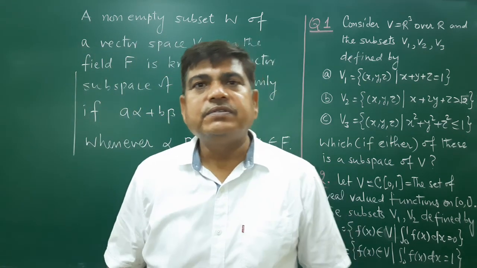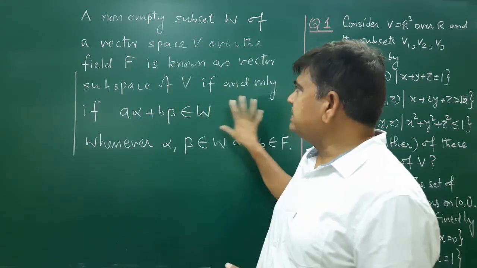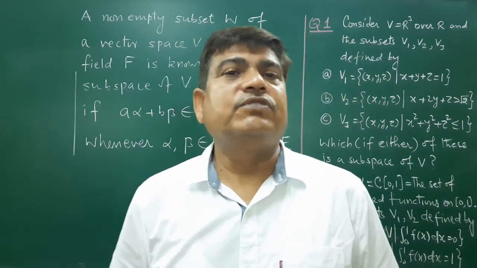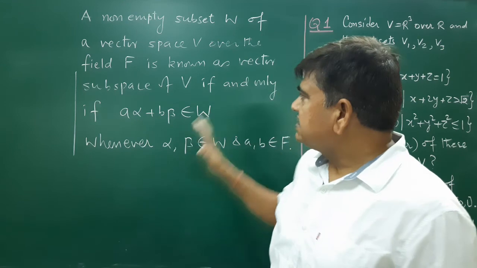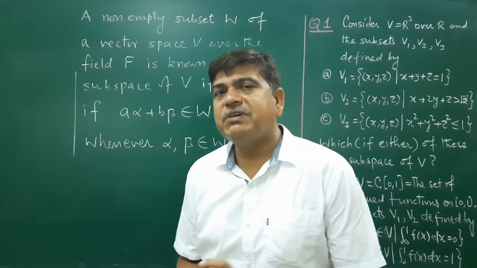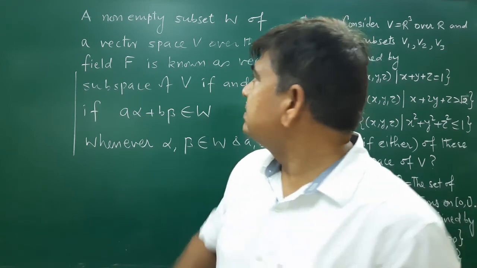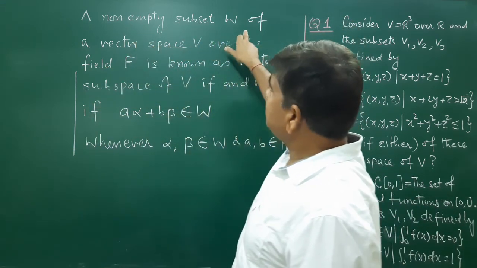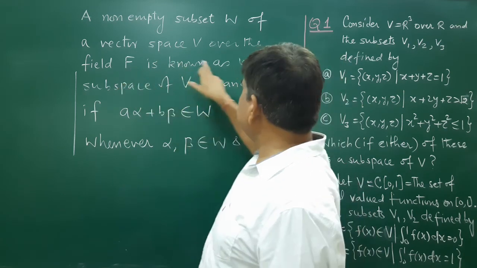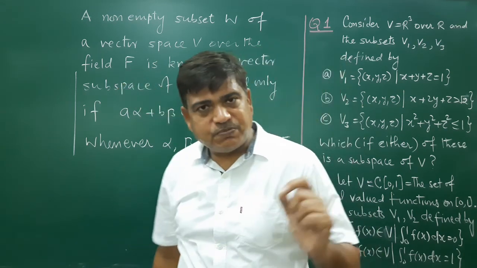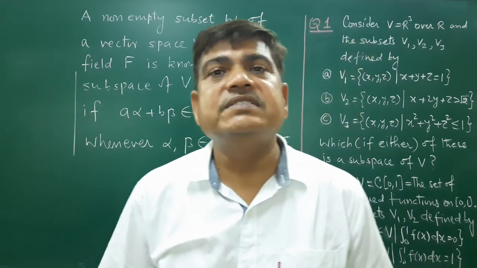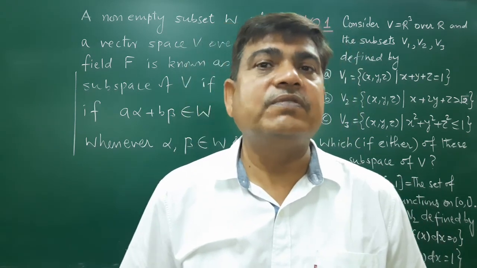In the last video, we proved this in the form of a theorem. This can be used as a definition also, but remember the basic part: a non-empty subset W of a vector space V over the field F is known as a vector subspace of V if W satisfies all the axioms of a vector space.